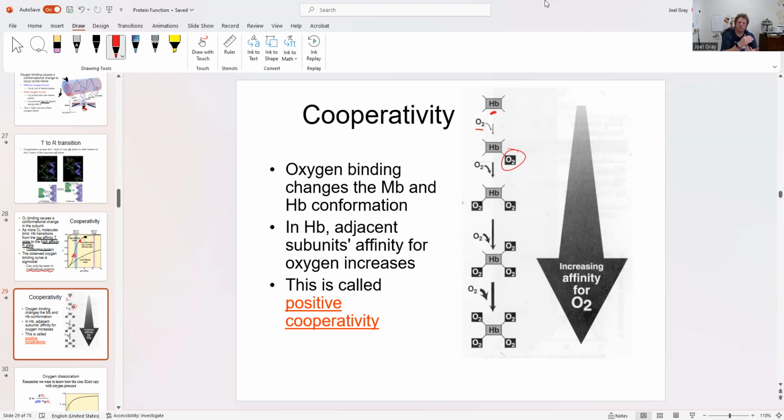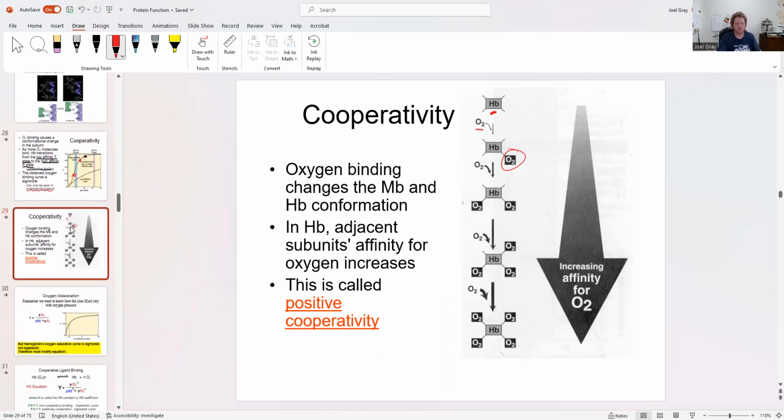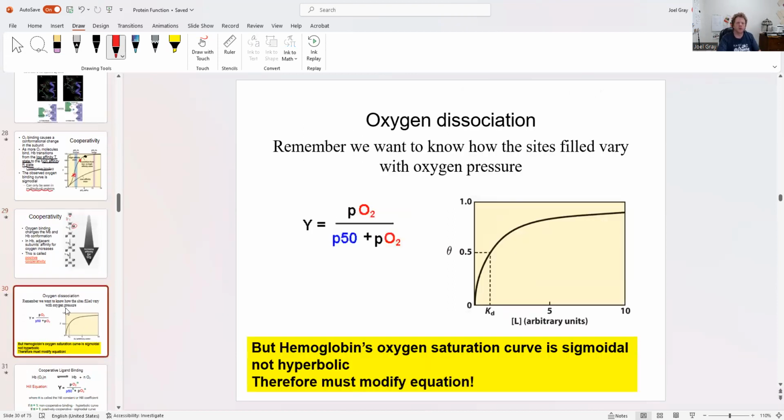So positive cooperativity is basically that the affinity for oxygen increases as more oxygen binds. It's kind of like the rich get richer. The oxygenated hemoglobin holds on to oxygen with a greater affinity than the deoxygenated form.